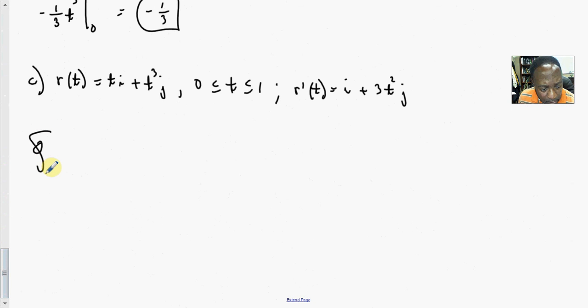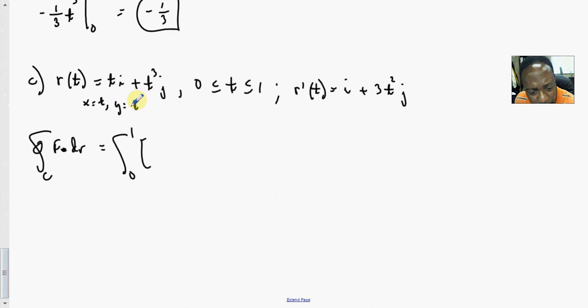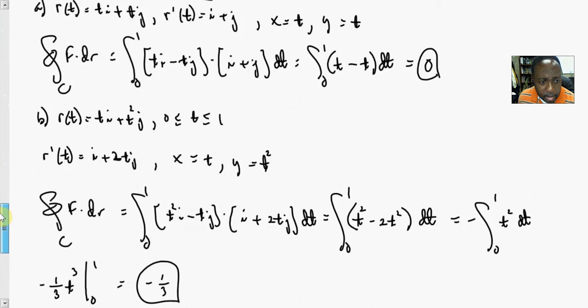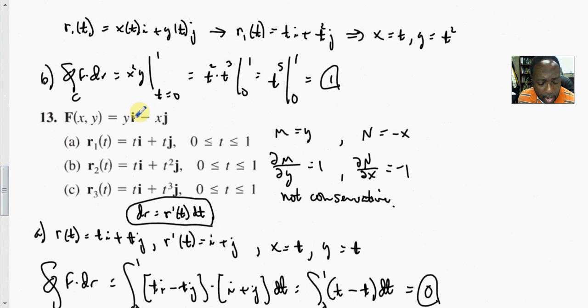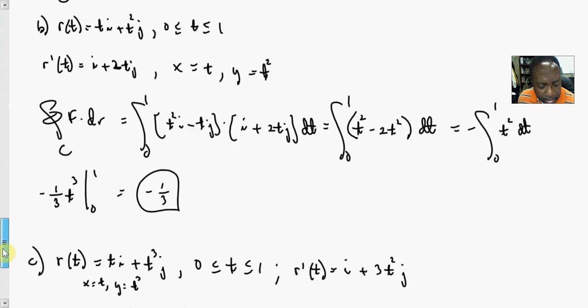And so the line integral of f dot dr is equal to the integral from 0 to 1. Here, for the vector field, x is equal to t and y is equal to t to the third. And so this is y i minus x j.